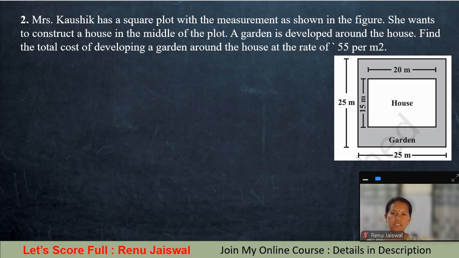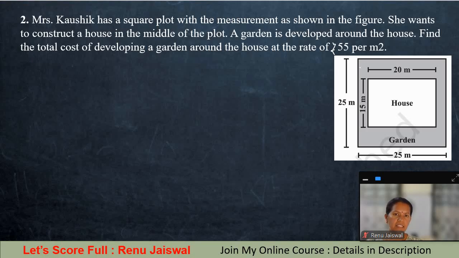She wants to construct a house in the middle of the plot. Here they have marked the house. A garden is developed around the house. Find the total cost of developing the garden around the house at the rate of rupees 55 per meter square. Means 1 meter square costs 55 rupees.